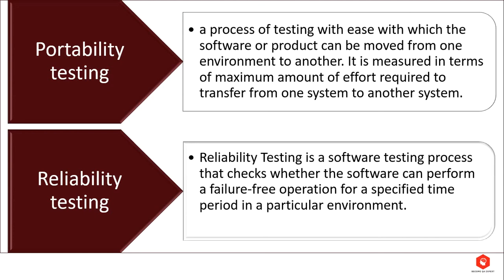What are the parameters involved in reliability testing? Probability of failure-free operation, length of time of failure-free operation, the environment in which it is executed. So those are the parameters, and now let's give an example.